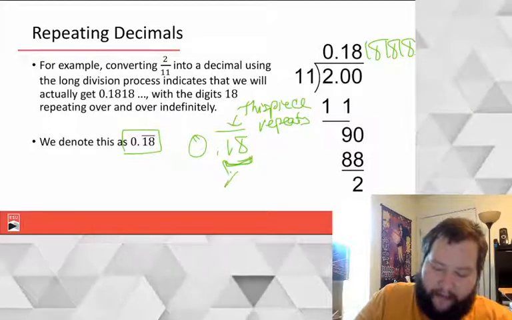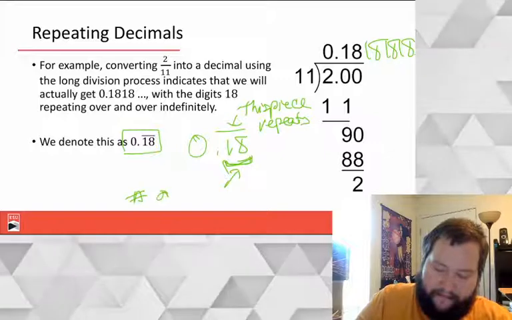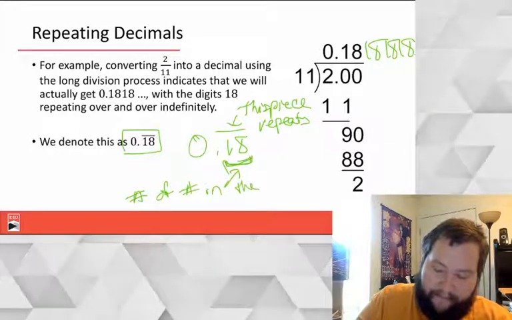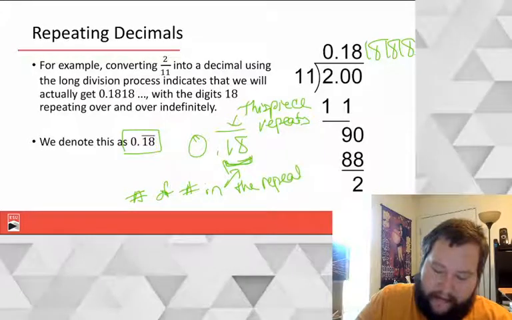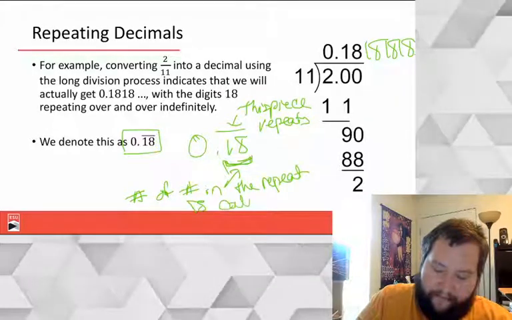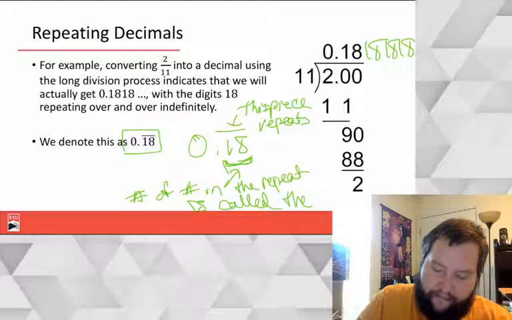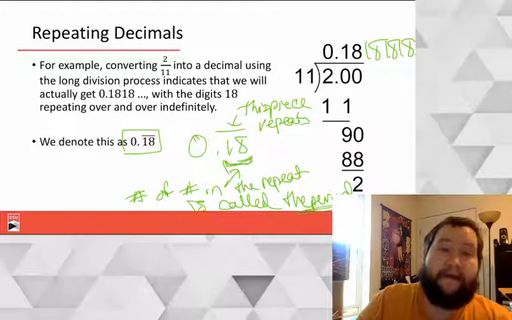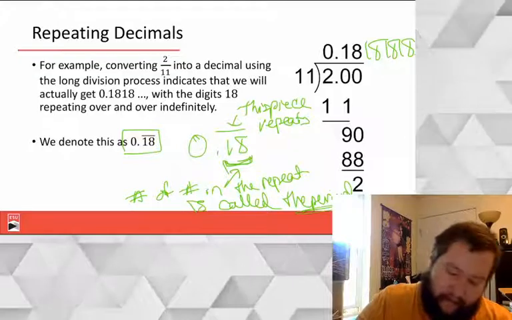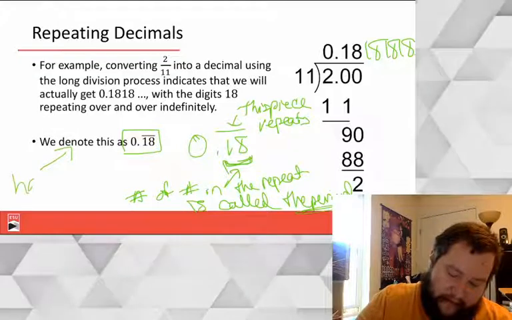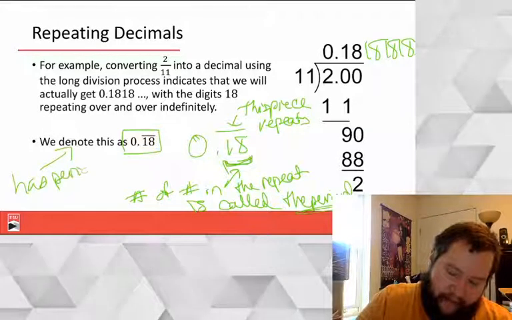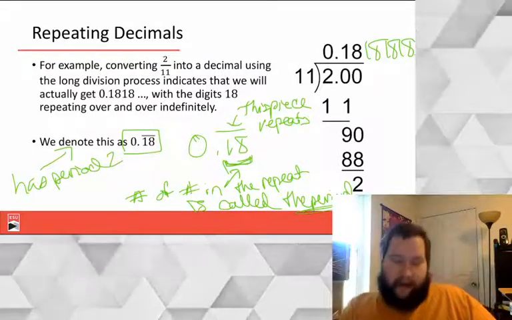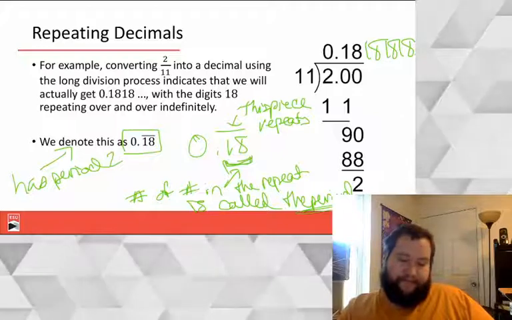So the number of numbers in the repeat is called the period. So the period of this repeating decimal is 2. So this has period 2, because 2 numbers repeat over and over and over.